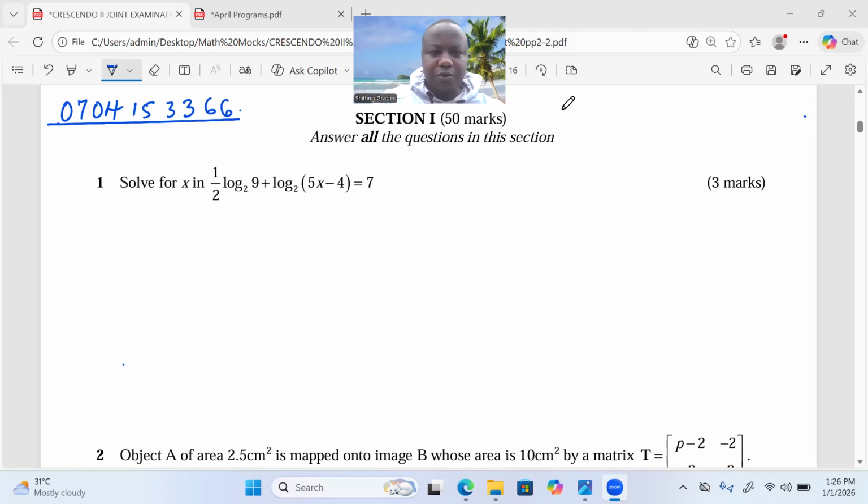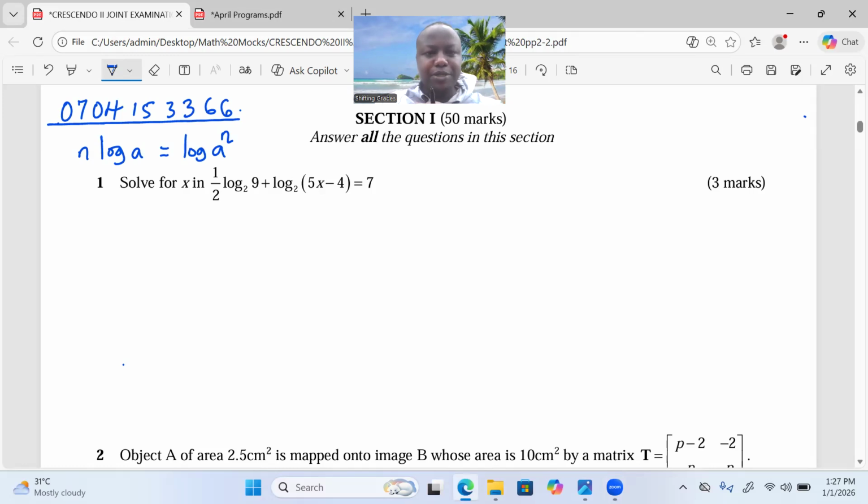First approach, we follow the laws of logarithms, and I want to apply two laws at the same time. There is a law that says whenever you have a scalar multiple n times the log of a, this can be solved by taking the logarithm of a to the power of n.